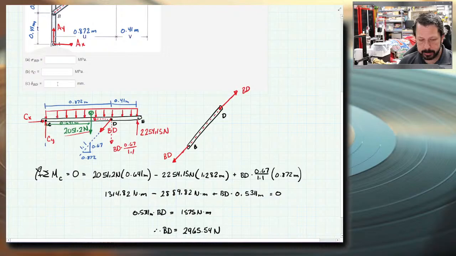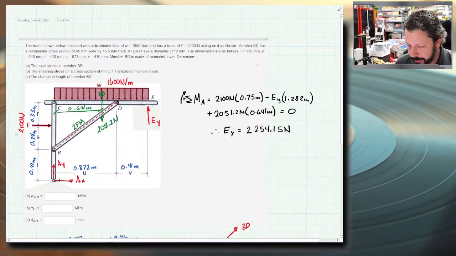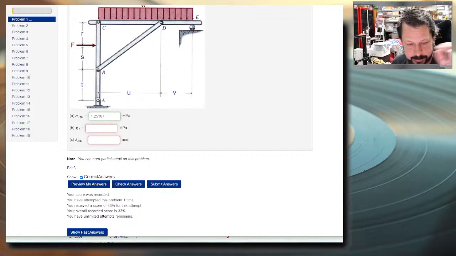Another BD term is the delta, so the change in length. So let's do that. Now, it did tell us a material. Annealed invar. So I do not know the modulus of elasticity of annealed invar, so we're going to have to look that up.